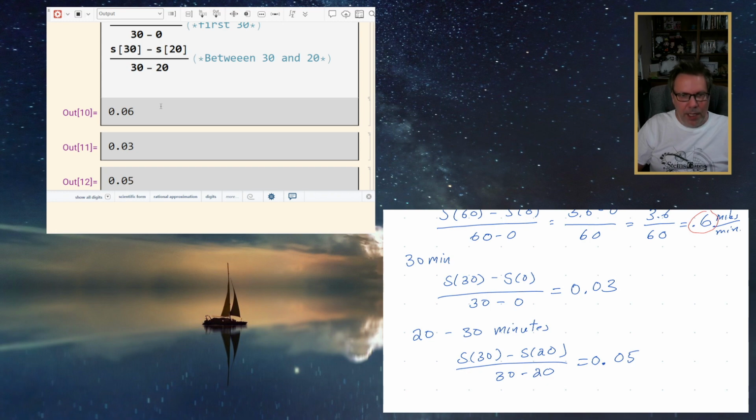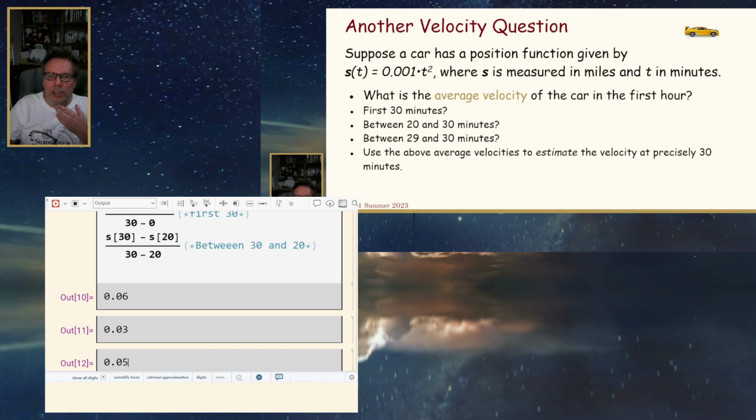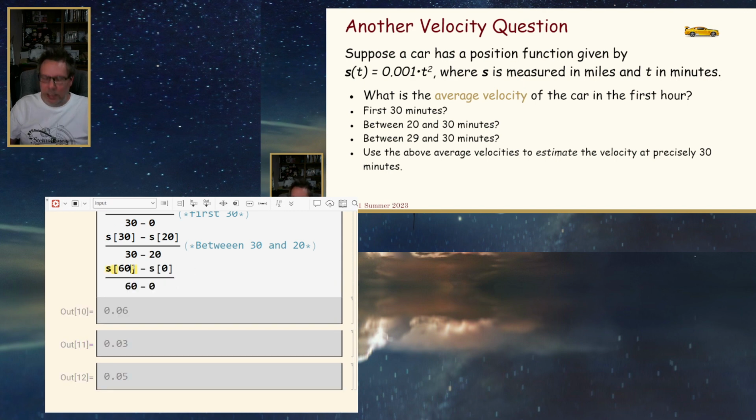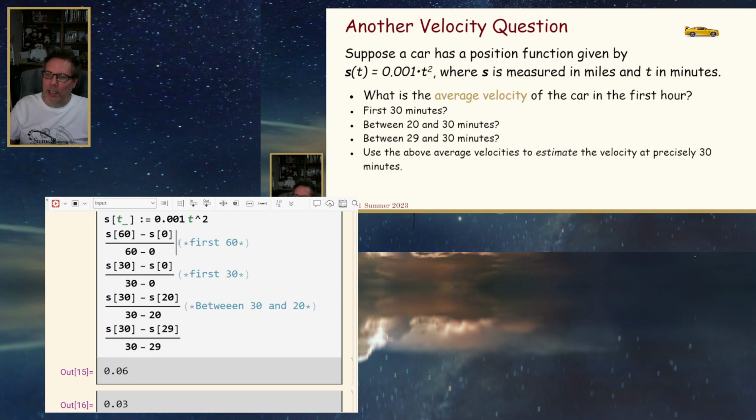So I believe that answers some of my questions, but I don't think it answers all of them. It says, what about between 29 and 30? That's pretty easy to figure out here, because instead of 30 and 20, I do 30 and 29. I know 30 minus 29 is 1, but I'll just put this in here for now. In Mathematica, we're going to wind up getting so many outputs, so I want to be really careful.